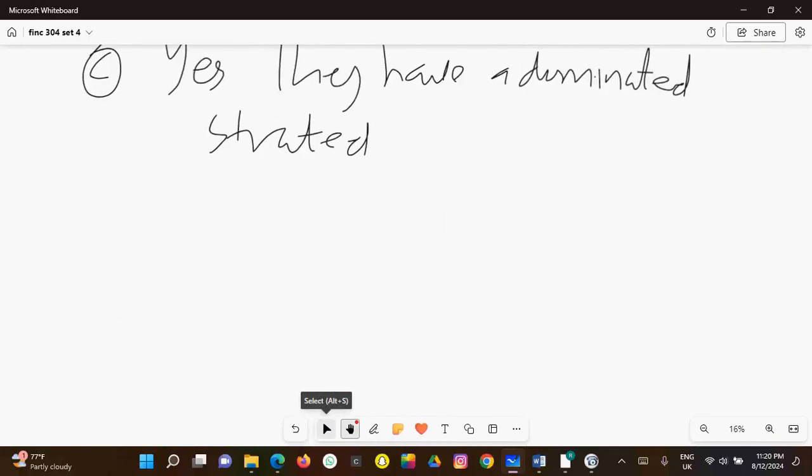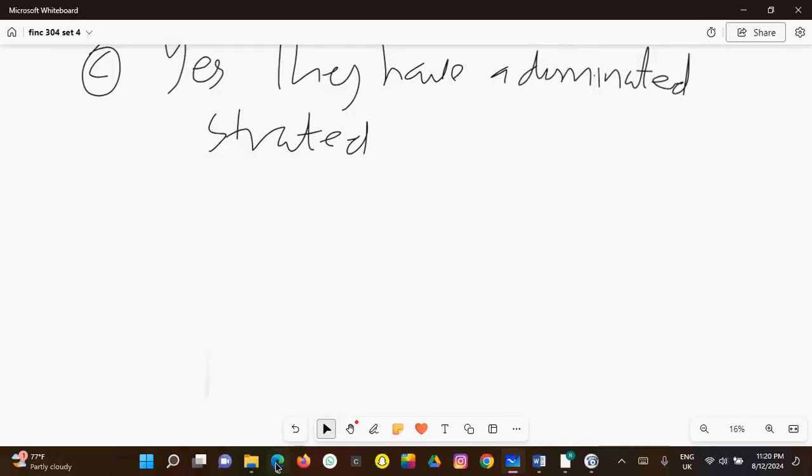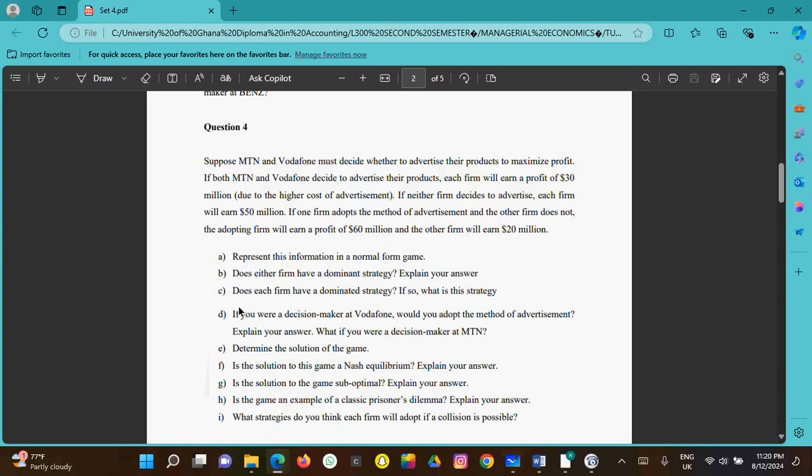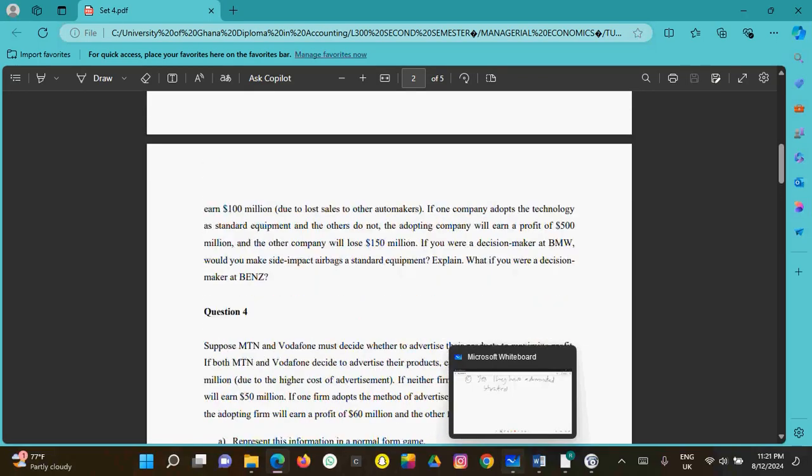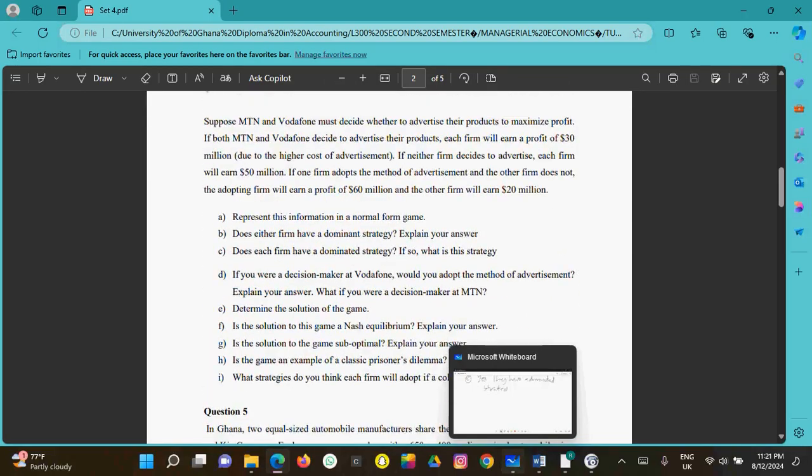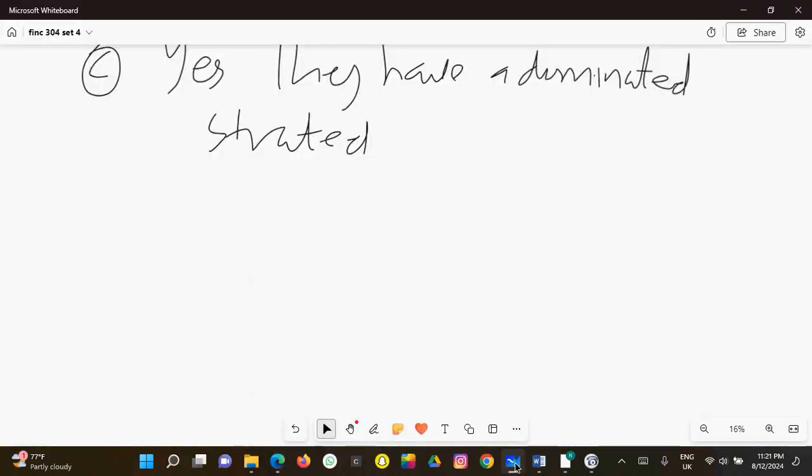Wow, one hour clock. All right, so the next one is D. If you're a decision maker at Vodafone, would you adopt a method of advertisement? Explain your answer. And if you were a decision maker at MTN, would you also? So basically, like what we did for the BMW, since they have a dominant strategy, both of them are going to advertise, right?